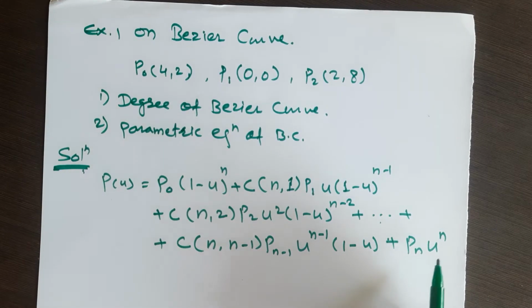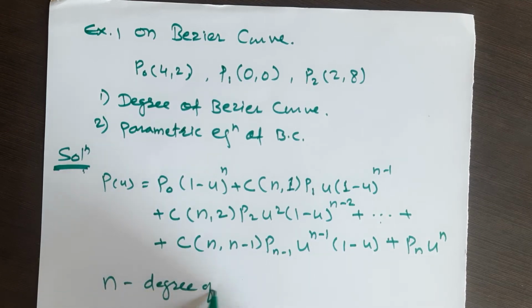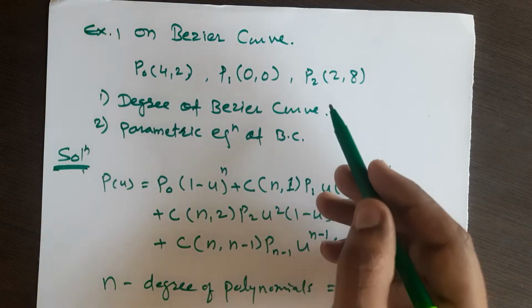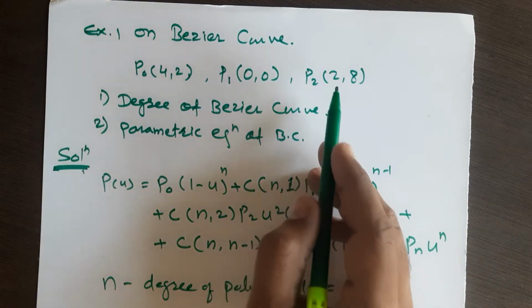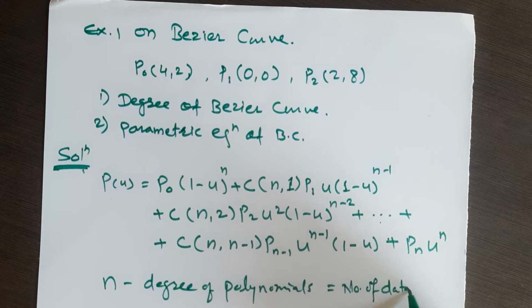Sorry, n is nothing but the degree, the polynomial degree. The degree of the polynomial n is equal to, if suppose n number of data points are there, then n is the number of data points minus 1.